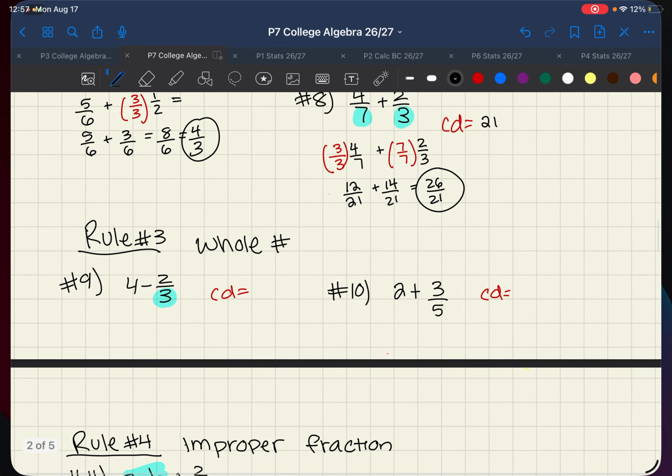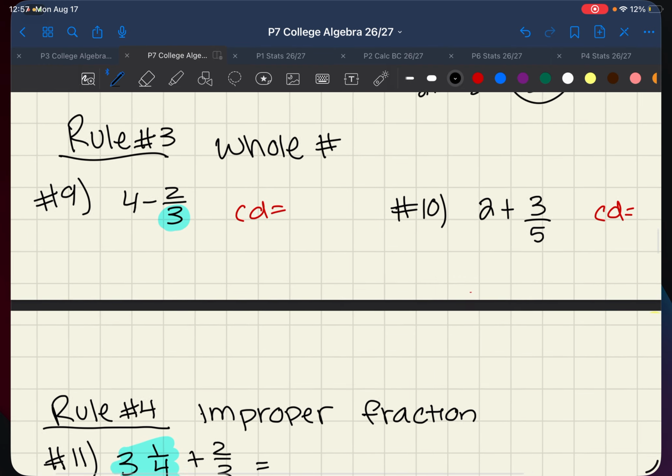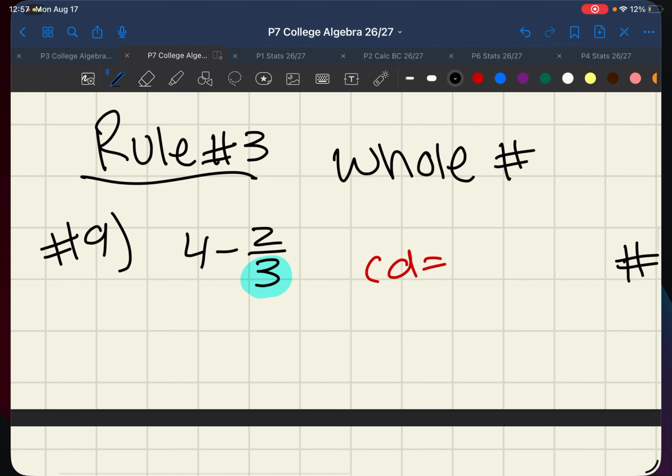Okay. Rule number 3. So what happens if we now have a whole number that is being added or subtracted by a fraction? Well, the first thing we have to do is turn that whole number into a fraction, and we do that by writing it over 1. Okay, so now we have two fractions, one with the denominator 1 and one with the denominator 3.